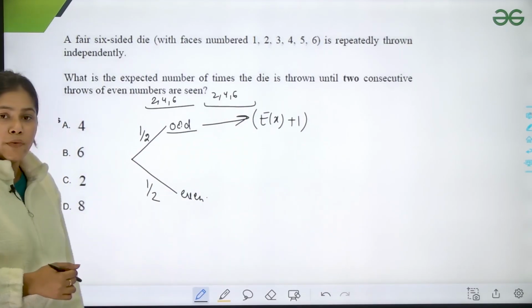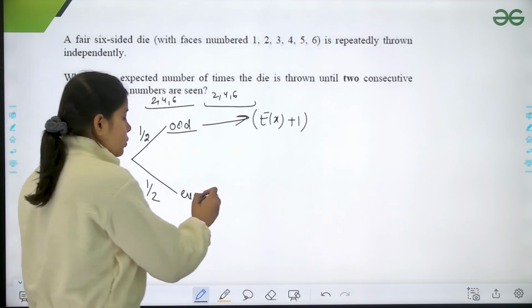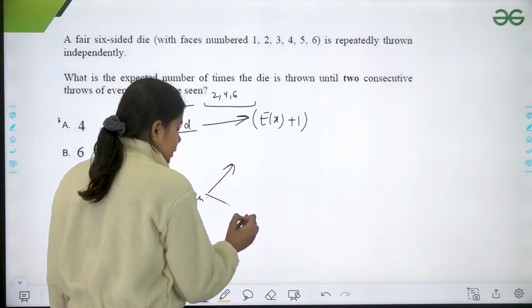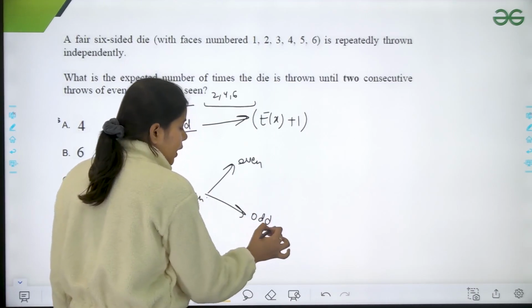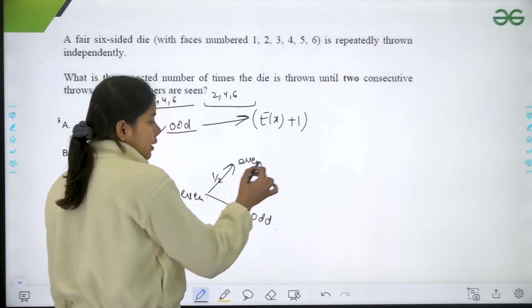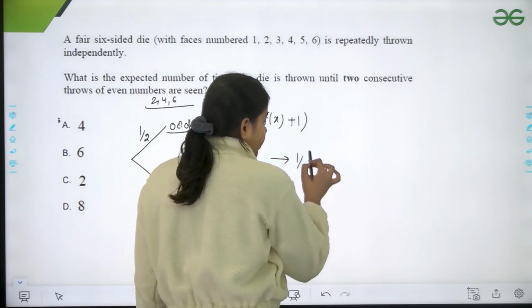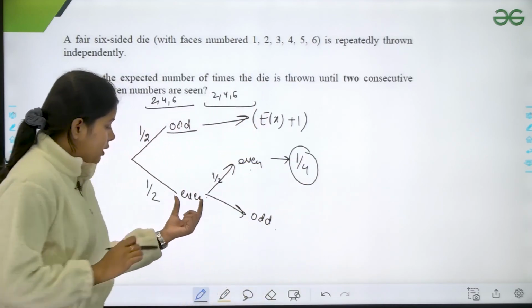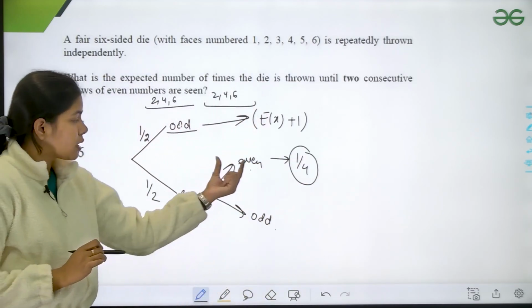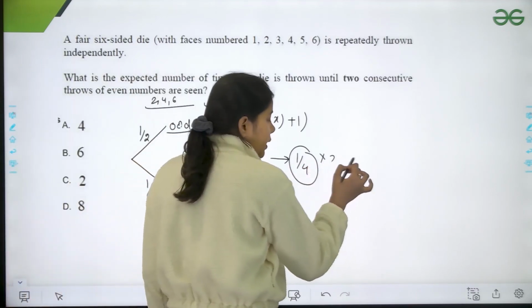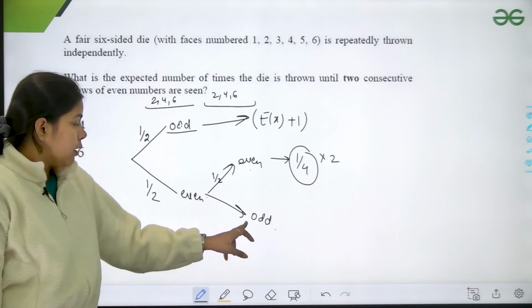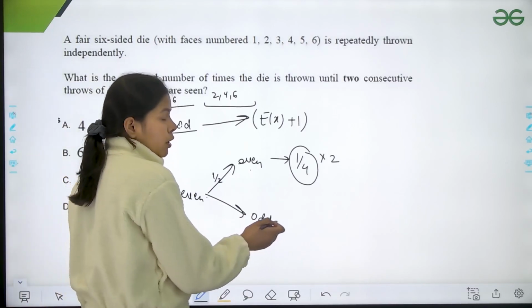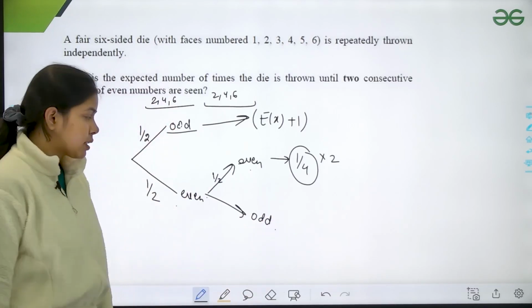If it is an even throw, then there are two possibilities again: I can get an even value or an odd value. If I get an even value, that is 1 by 2, so we get the probability 1 by 4. Because I can get anything from 2, 4, 6 and 2, 4, 6, I can multiply it by 2, because these numbers can be exchanged. If I have even then odd, I have to start from scratch again.